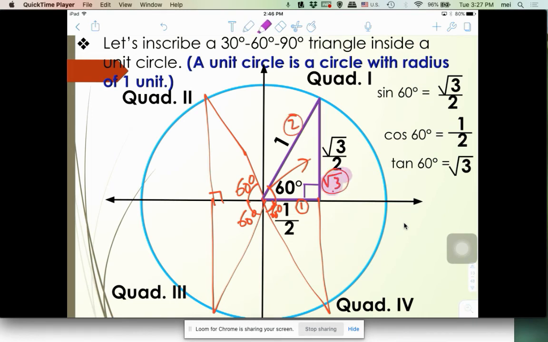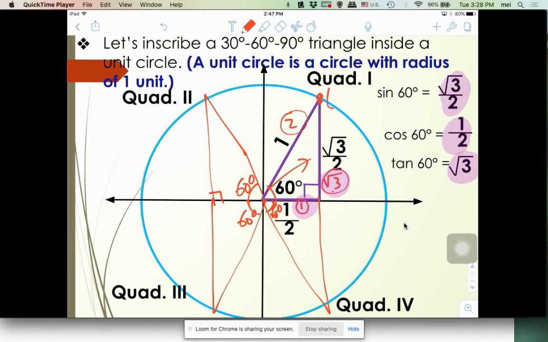Then the cosine is going to be adjacent over hypotenuse, which is 1/2. And then tangent is opposite over adjacent, which is radical 3. So there you have the sine, cosine, and tangent values for 60 degrees.